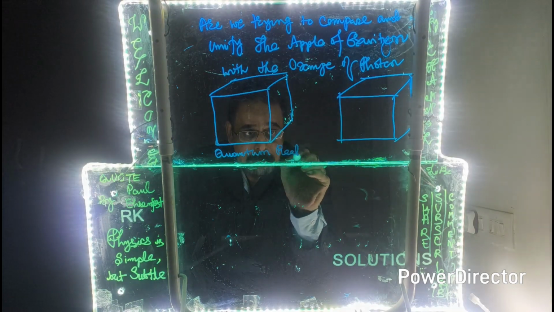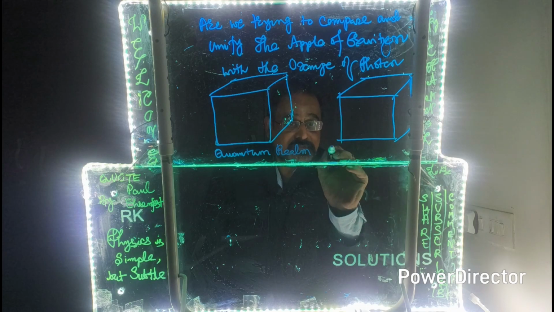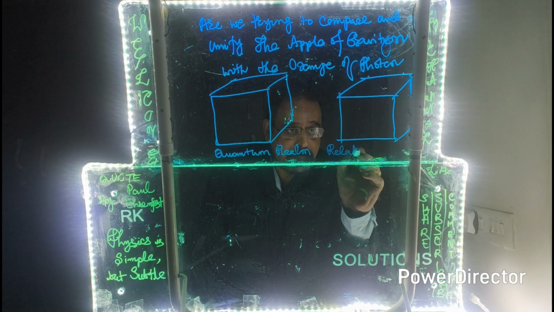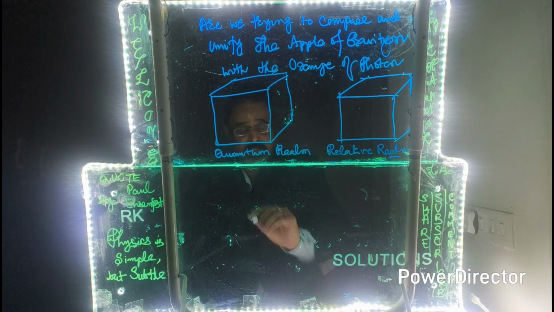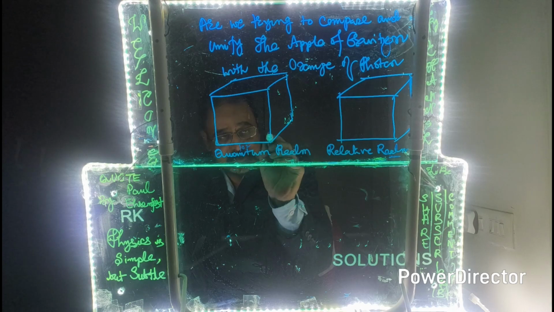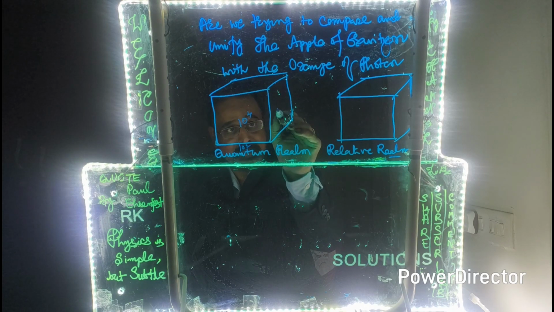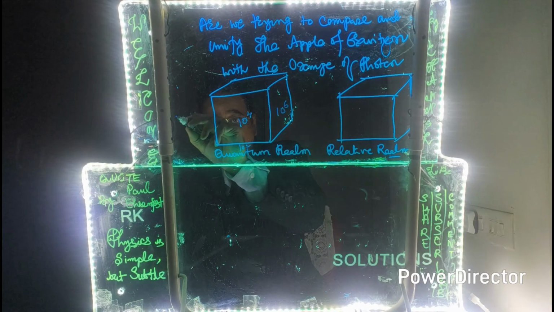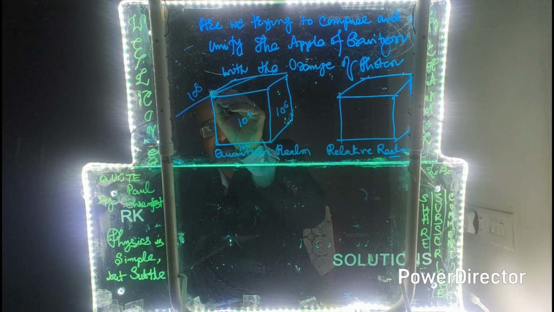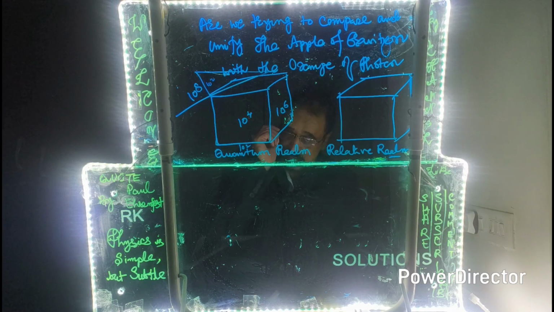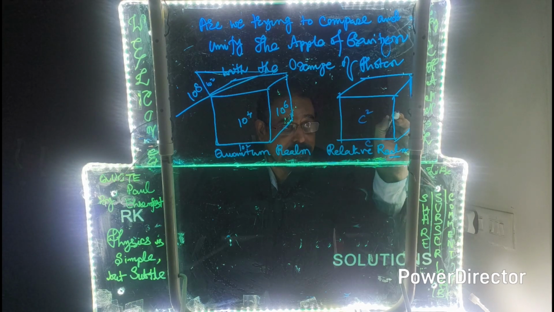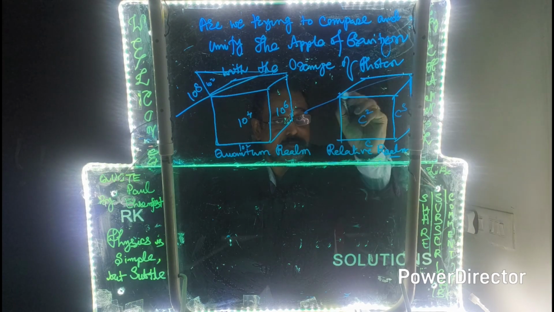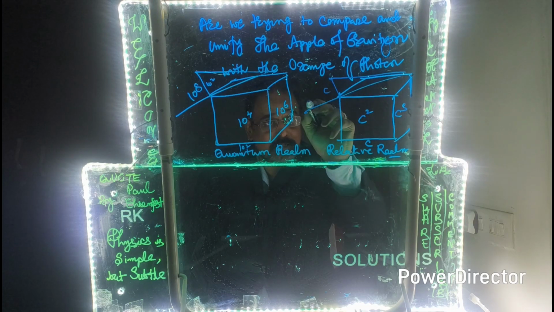Let's say this is the relative realm. In the quantum realm, I started with 10 squared, 10 raised to 4, 10 raised to 6, and overall it was 10 raised to 8. Here we started with c squared, c cubed, and we ended with taking another c4.